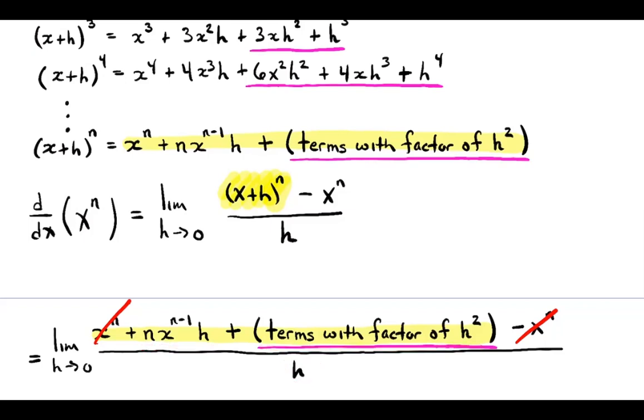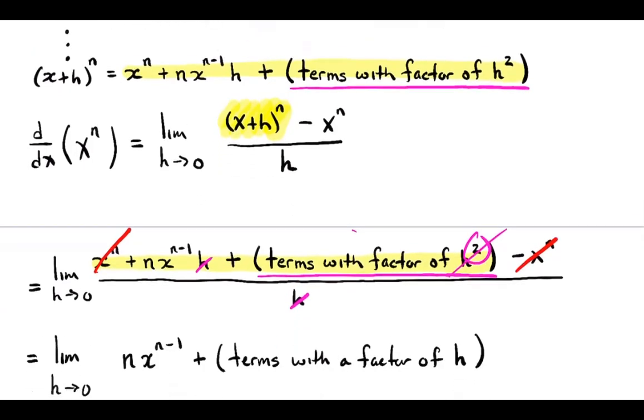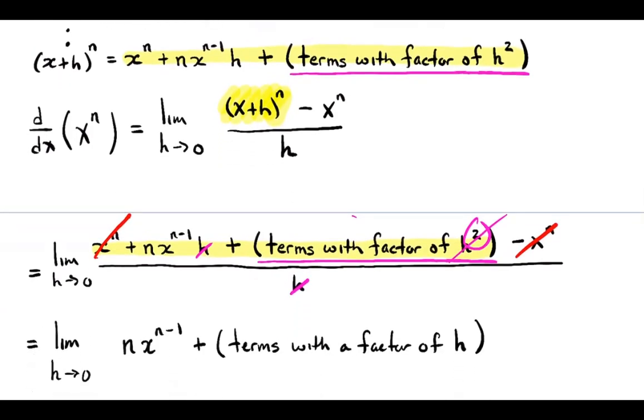I'm going to do this a little bit lazy, switching color, but this h will cancel that one. It'll be gone. And in these terms, since they all have a factor of h that's at least 2, there's something in there that can cancel that h. So if I scroll down a little bit, this is what would be left. I'd be left with my first term, but the h is gone because it canceled.